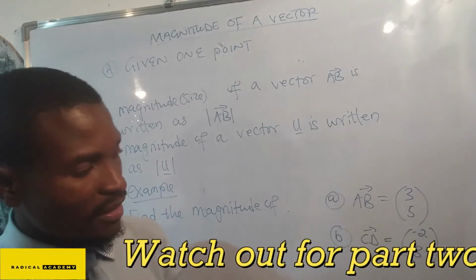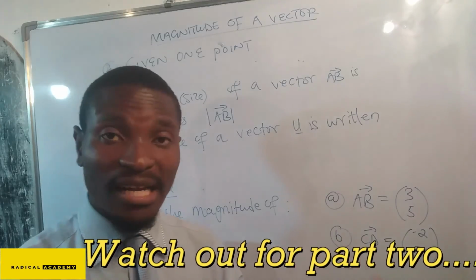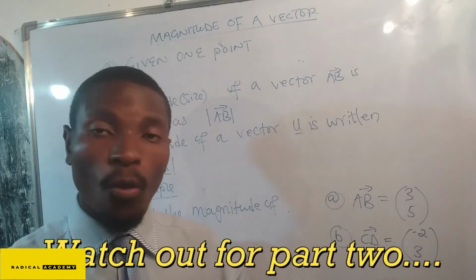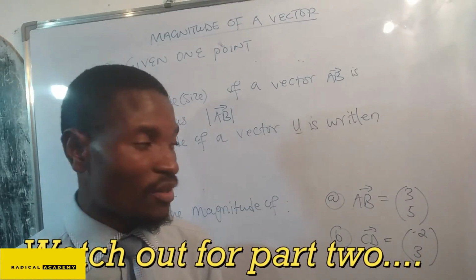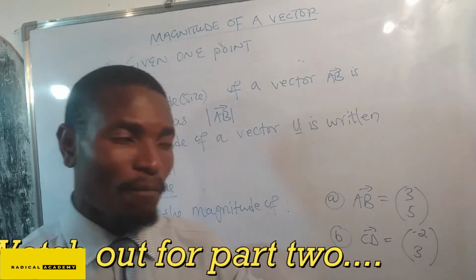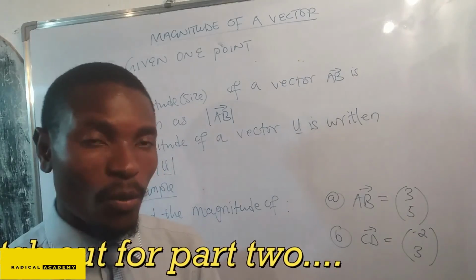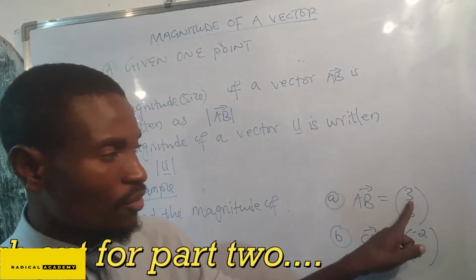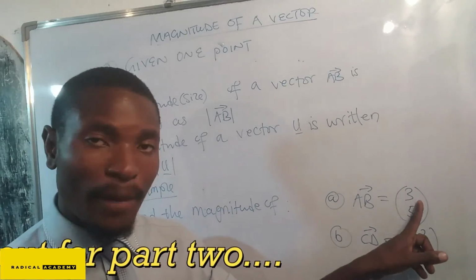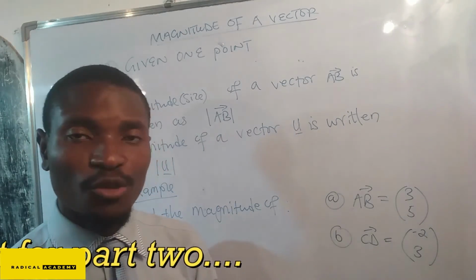We are looking at how to find the magnitude of a vector which is just one pair of points. These numbers can be transformed to coordinates, like x, y. The number at the top is the x number, and the number at the bottom is the y number.